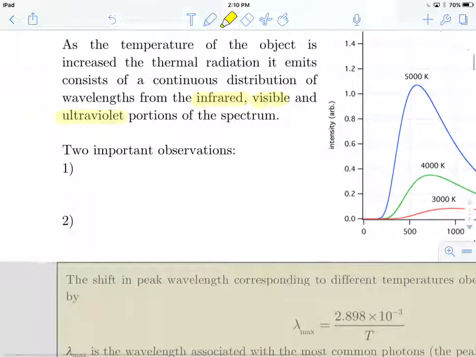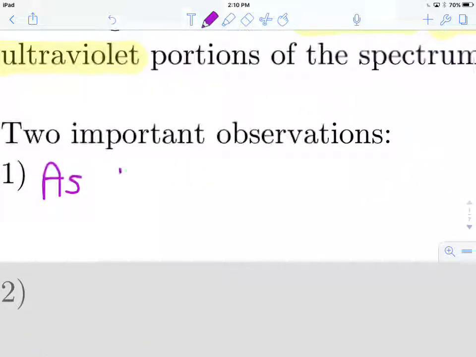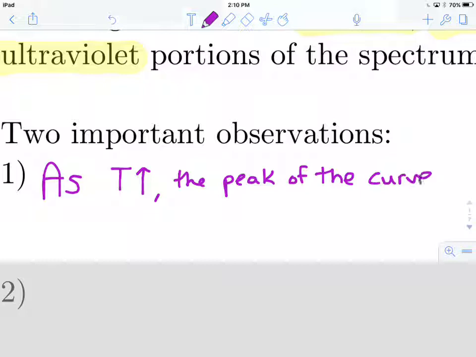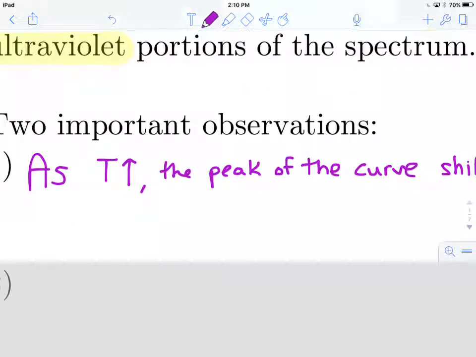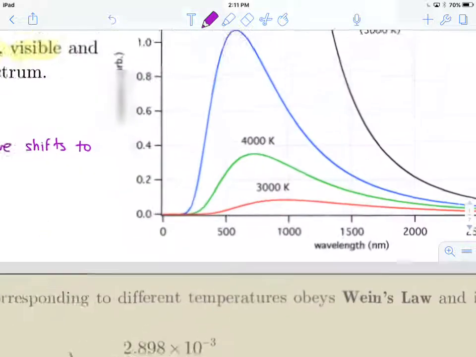The first is that as the temperature increases, the peak of the curve shifts to smaller wavelengths. And we can see that, right?